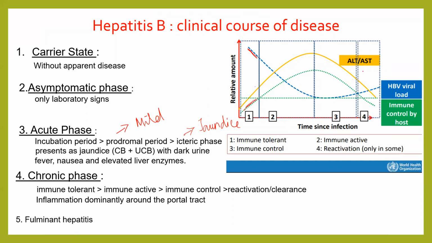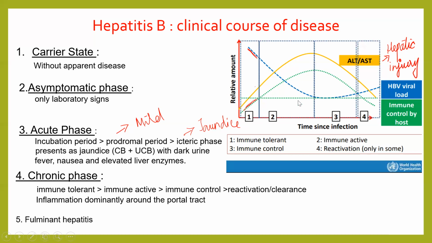And therefore, ALT and AST, which basically tell us about hepatic injury, follow the actions of the immune system. So in the immune tolerant phase, the virus is what's replicating and the immune system is not yet alerted.